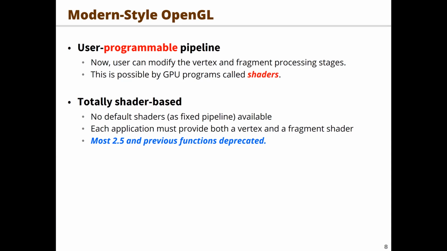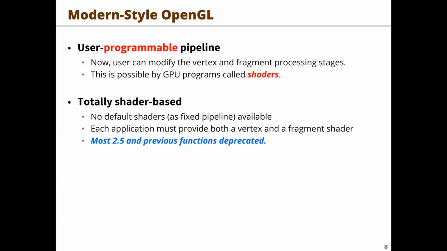Another important characteristic of modern style OpenGL is that we are using a user programmable pipeline. I told you that in the older style OpenGL, the pipeline was fixed and there was limited freedom to change the program. But in modern style, we can program, not really everything, but we have much more freedom to change how the GPU works for our drawing or computing.